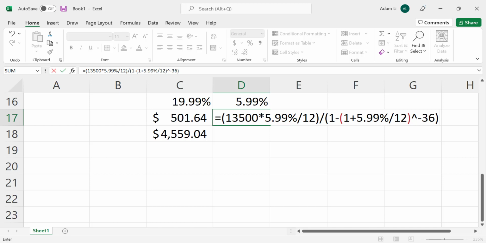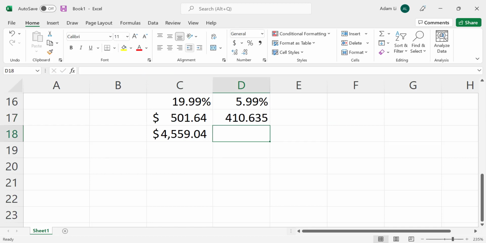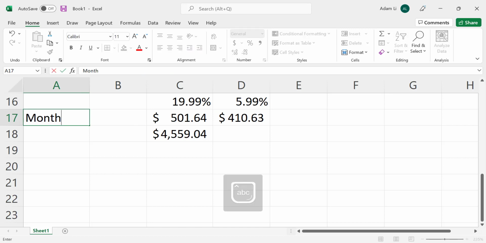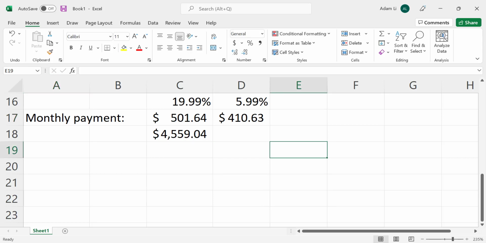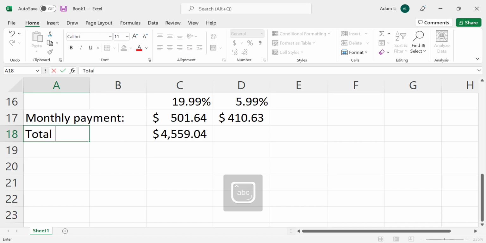Let's see what that is. And this turned out to be $410.63. As you can see, the monthly payment is much lower. It's only $410.63.